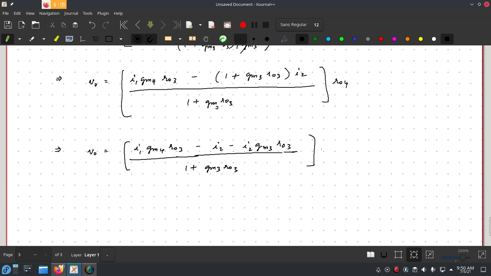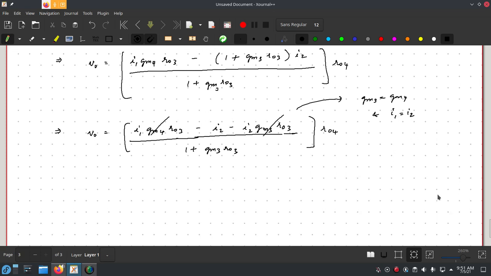Now the first term and the last term, I1 Gm4 R03 and I2 Gm3 R03, these both will get cancelled. Why? Assuming Gm3 is equal to Gm4 and I2 is equal to I1. Both of them will get cancelled.